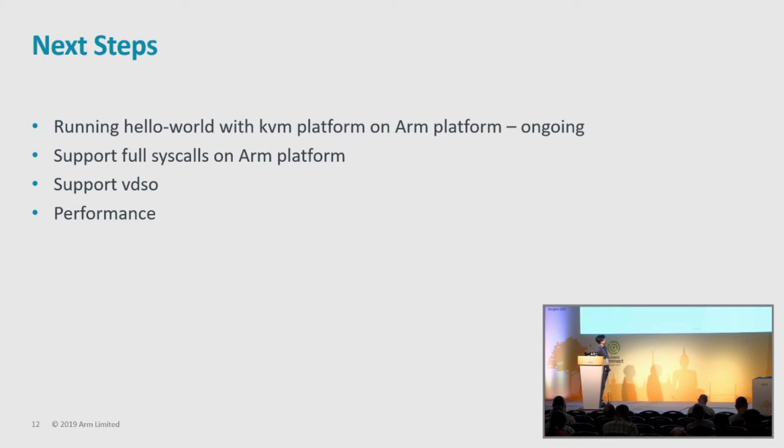Let's see our next plan for gVisor on ARM. Our next step is to focus on the KVM platform for production use to get better performance. When the KVM platform is enabled, we will focus on full syscall support on ARM.